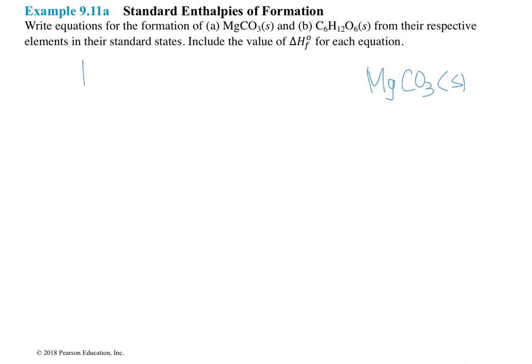Now magnesium shows up as a solid atomic element. Carbon shows up as a solid, specifically as graphite. And oxygen shows up as O2 gas. So that's how we write that reaction.